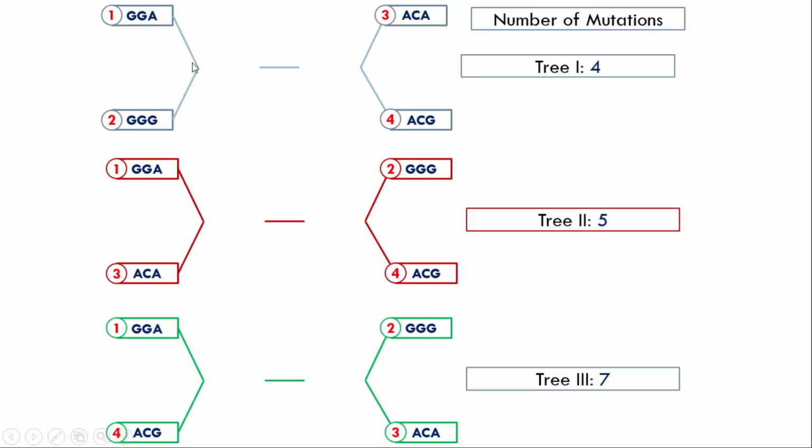You can guess all the possible relationships, meaning 1 and 2 having a common ancestor, 3 and 4 having a common ancestor, or 1 and 3, 2 and 4 have a common ancestor, 1 and 4 have a common ancestor, 2 and 3 have a common ancestor. So these are the only three possible ways.